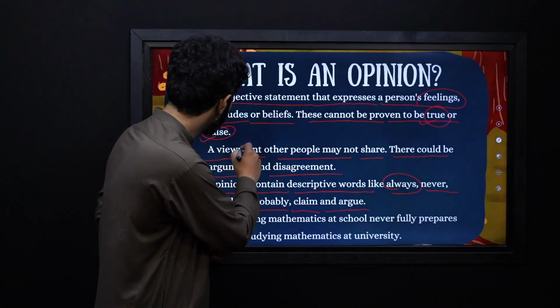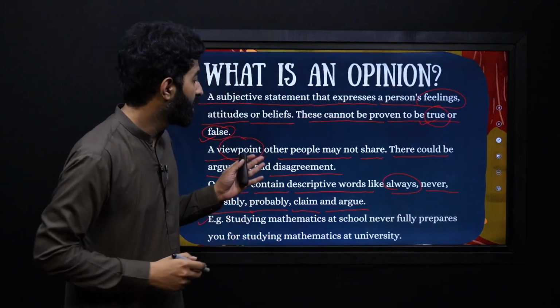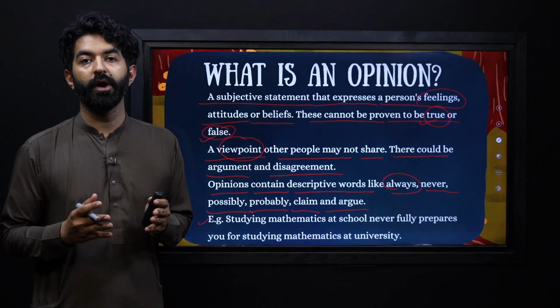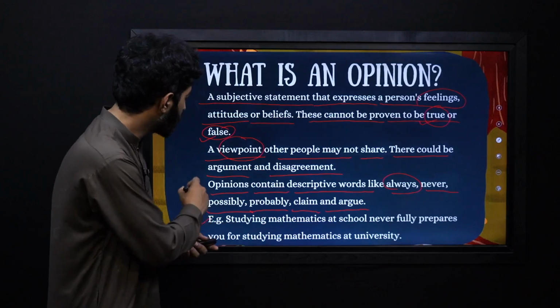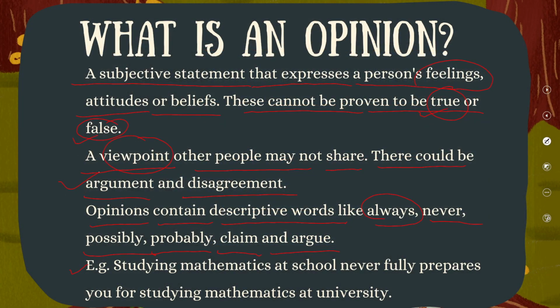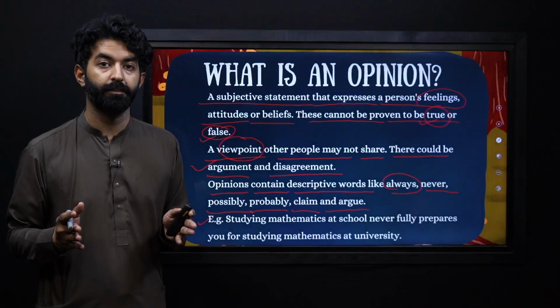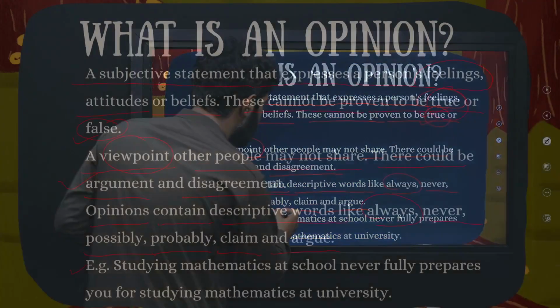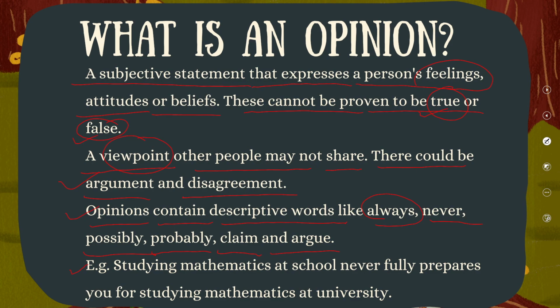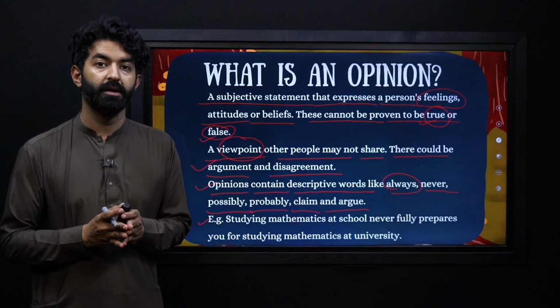And then a viewpoint, it's a point of view that other people may not share. So there could be arguments and disagreements between people holding different opinions. So also now we are given some indicators to know that it's an opinion.